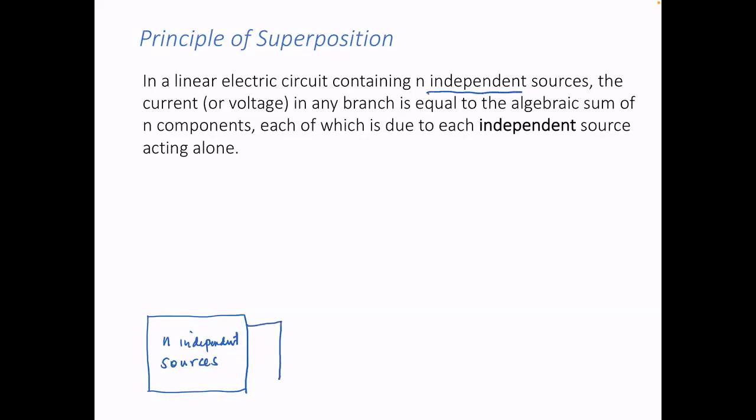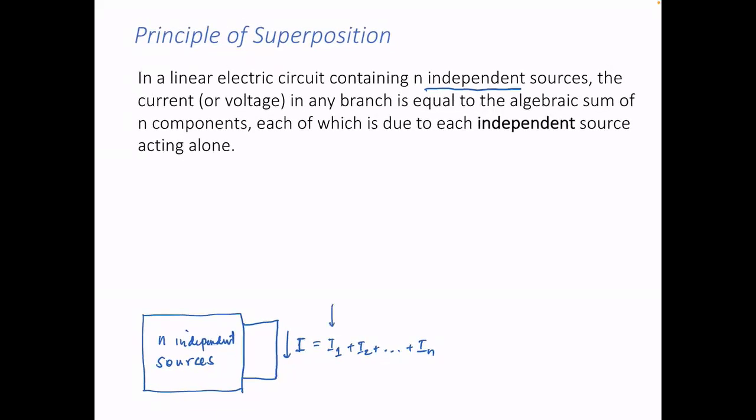And let's say I have a current flowing here, I. What superposition says is that I is equal to I1 plus I2 all the way to plus IN. No? Where this is source 1, this is the current with source 1 acting alone.